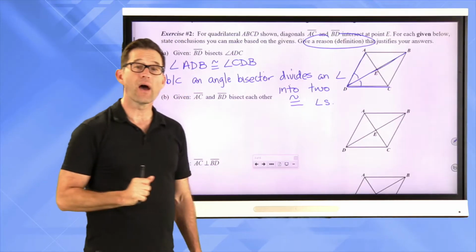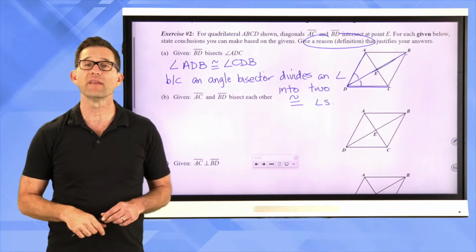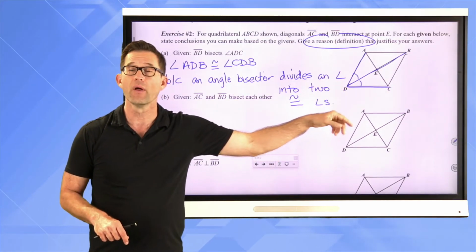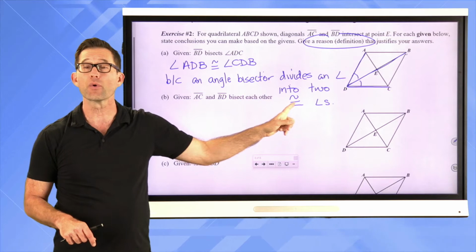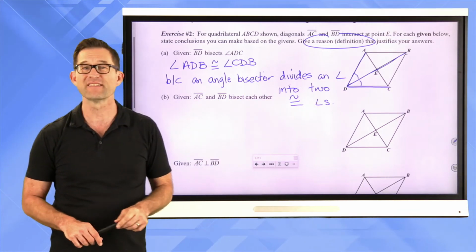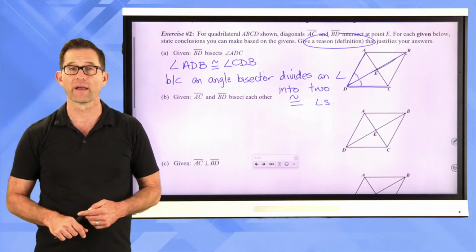And by the way, it is okay when you're writing stuff out to do some abbreviations and even to replace things like the word angle with an angle symbol and the word congruent with a congruent symbol. I can even pluralize the angle symbol. So that's angles, because an angle bisector divides an angle into two congruent angles.